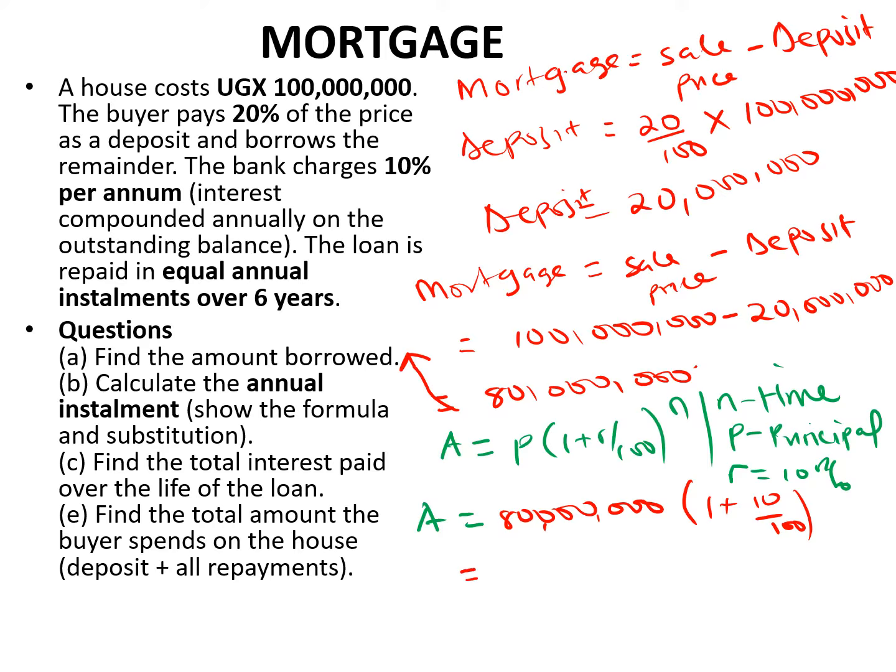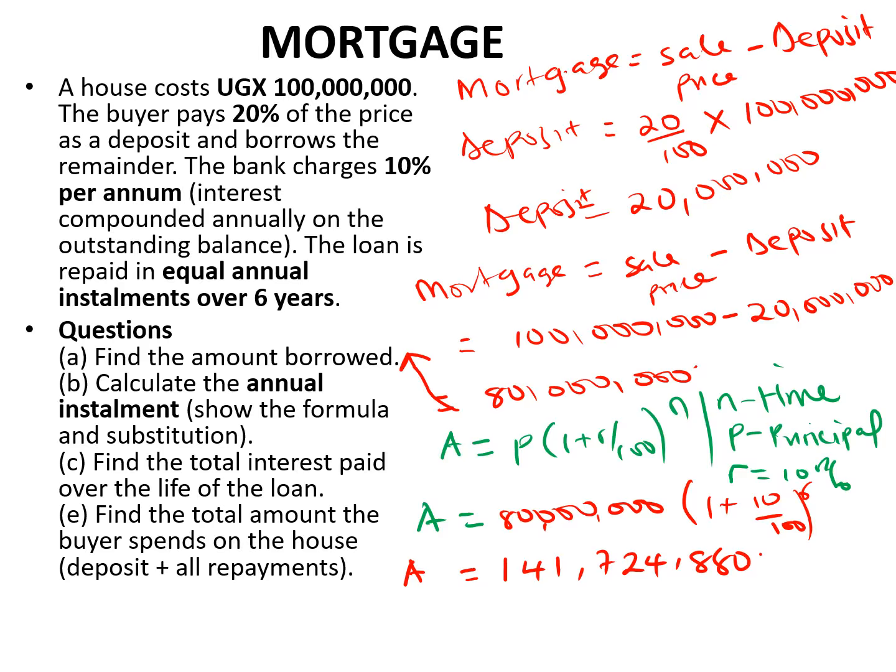And then here we shall have our amount, 141,724,880. So this will be the total amount that one will need to pay. Then here they are saying calculate the annual installment, if in 6 years I have to pay the whole of this money.